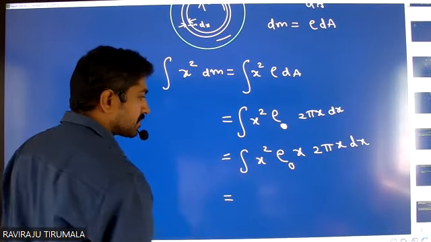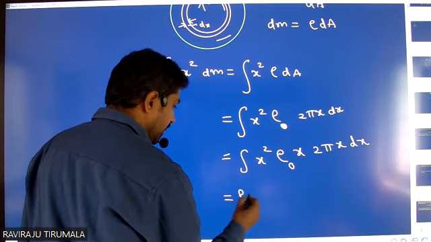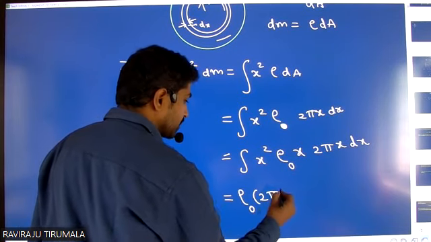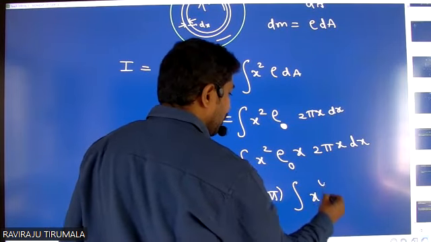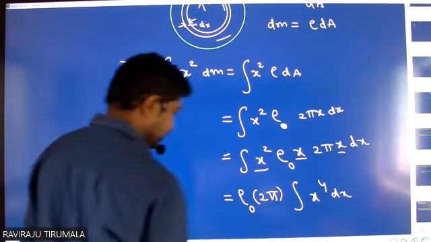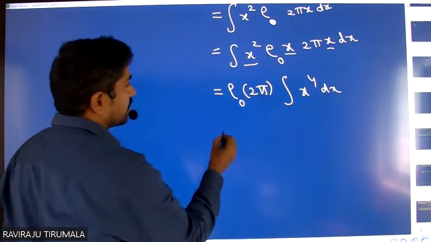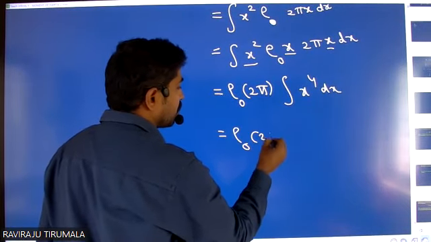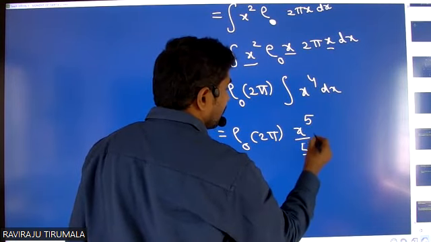What is the formula then? Rho naught is of course constant and 2 pi is also constant, and the remaining one is x power 4, x square into x power 4 dx, and the integration for this one is equal to rho naught into 2 pi x power 5 by 5.